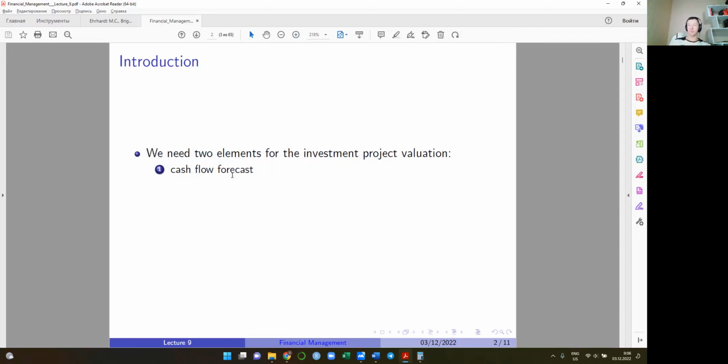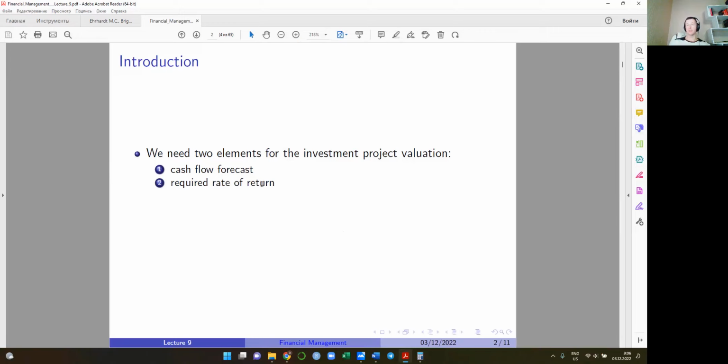When you want to apply any of the investment project valuation methods like NPV, profitability index, modified internal rate of return, you need another element that is also important for doing this.